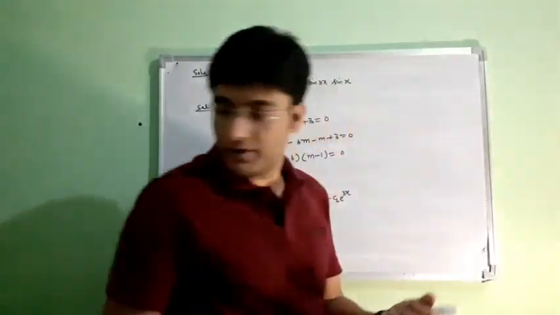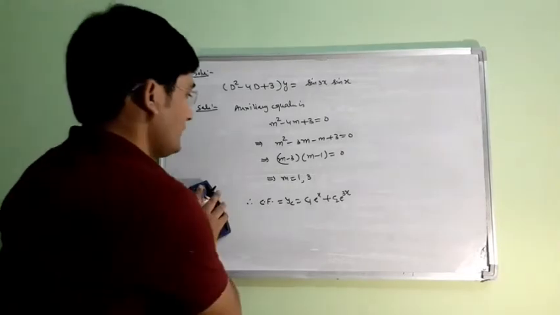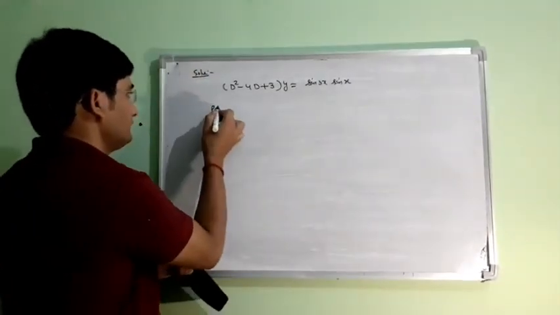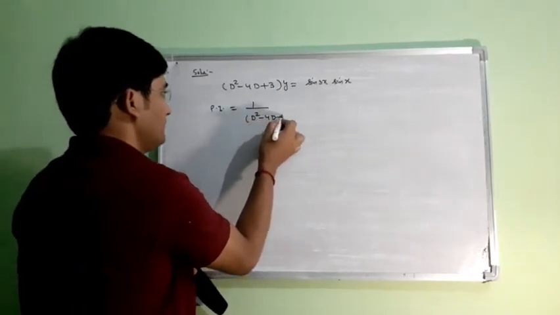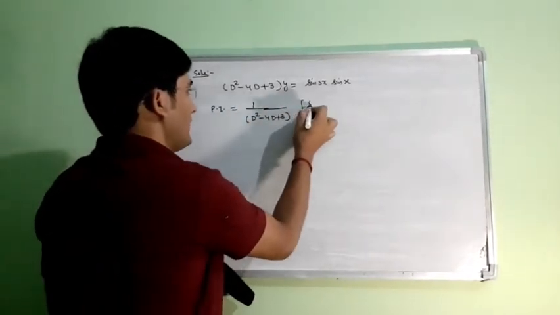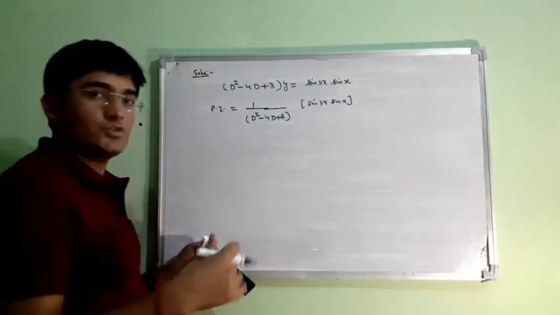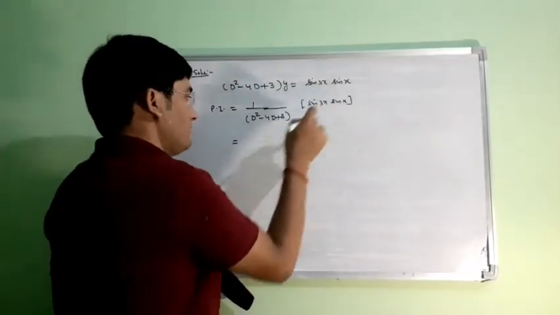Now let us compute the particular integral. So the particular integral will be 1 upon D square minus 4D plus 3 of sine 3x into sine x. Let us use the formula for sine a into sine b.